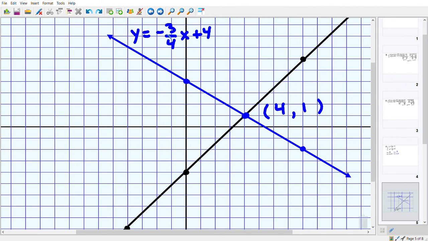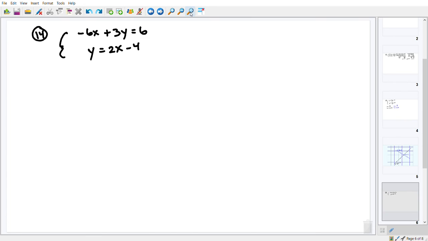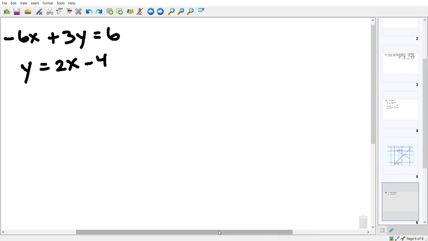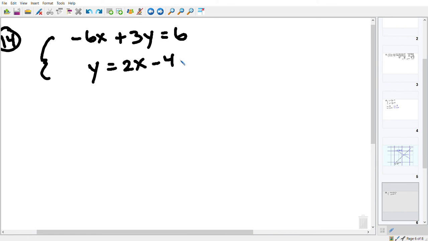All right, let's go ahead and try number 14. Now, number 14 is the substitution method. And again, as we shared, many students did better on substitution method than graphing, which is kind of shocking to us, but in a good way. So we're going to identify which variable is isolated.